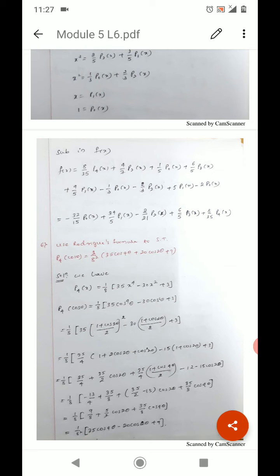Again here, the value of cos square 2 theta is 1 plus cos 4 theta divided by 2. Now solve this, we will get 1 by 8 of minus 13 by 4 plus 35 by 8 plus 35 by 2 minus 15 of cos 2 theta plus 35 by 8 of cos 4 theta.